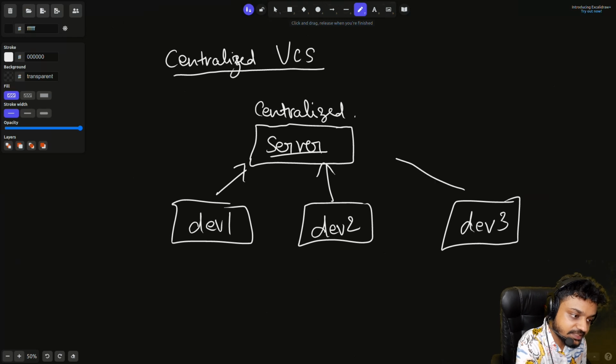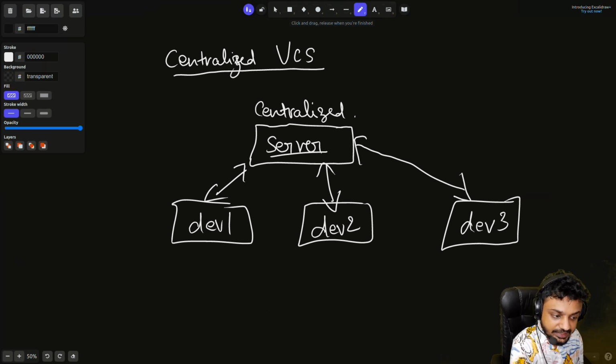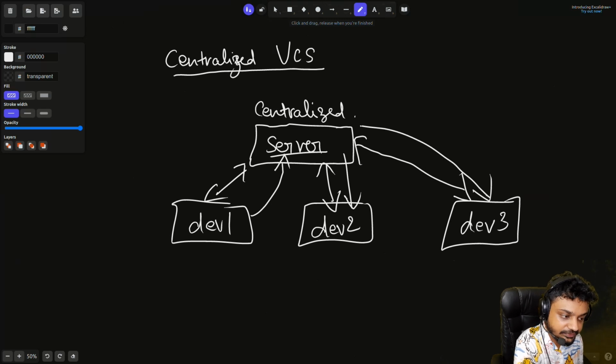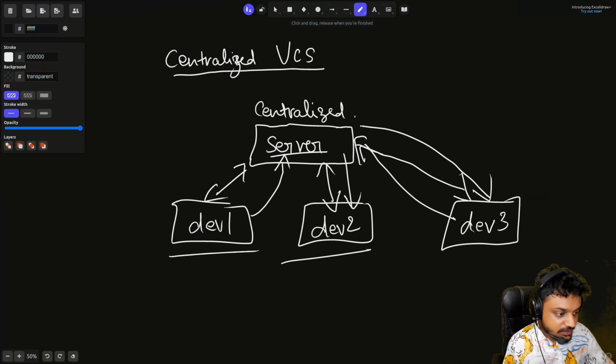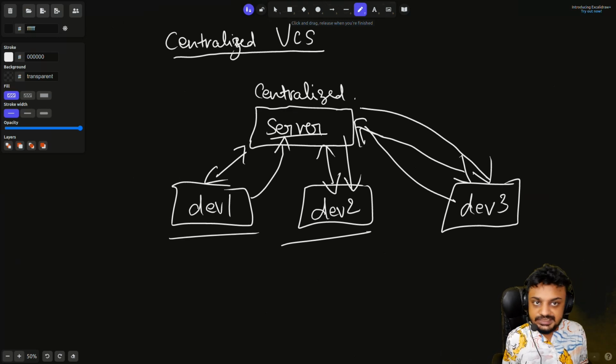They can send code to the server and receive code from the server. If dev 1 uploads some changes to the server, dev 2 can pull them, and dev 3 can pull them. If dev 3 uploads some changes, then these two can pull the changes. That's how this system used to work.